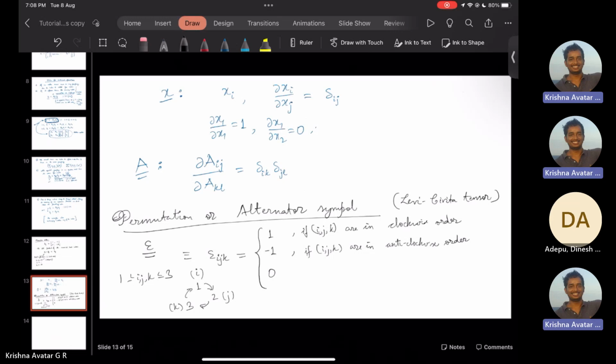Which means that if you're taking the anti-clockwise route, which is 1, 3, 2, 3, 2, 1, and 2, 1, 3, then it takes a value of -1. Now it takes a value of 0 if any two indices are the same.